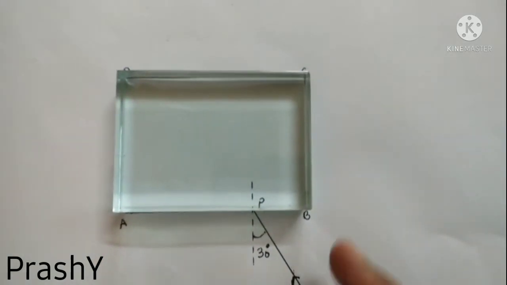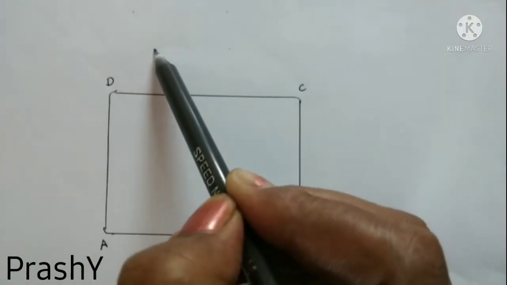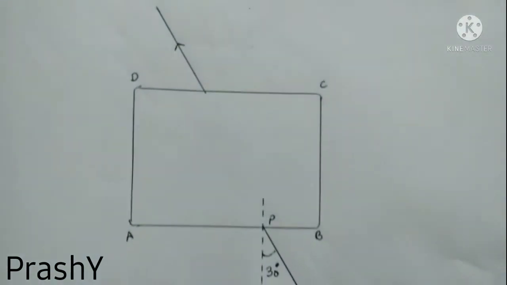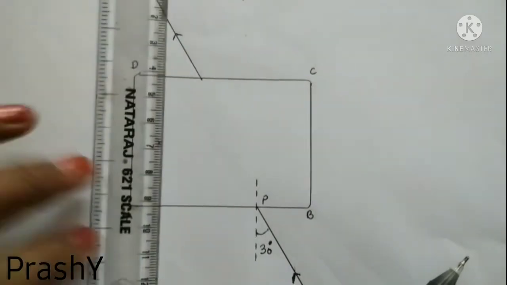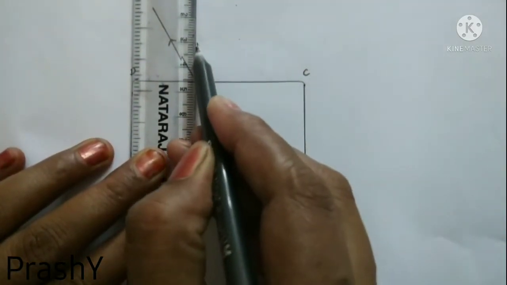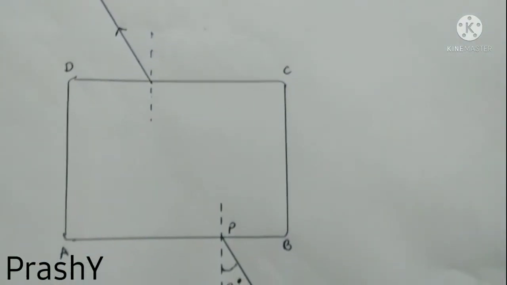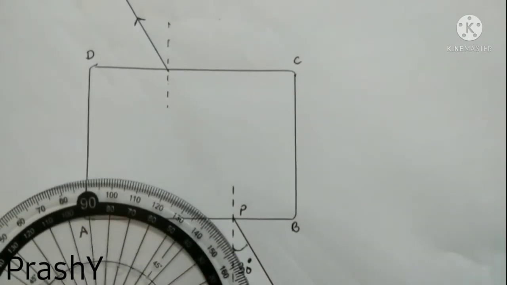Now remove the glass slab. Now join these 2 points. So this is the emergent ray. Now this is the point of incidence. So here at this point of incidence I am drawing a normal. Now I will try to measure the angle of emergence.